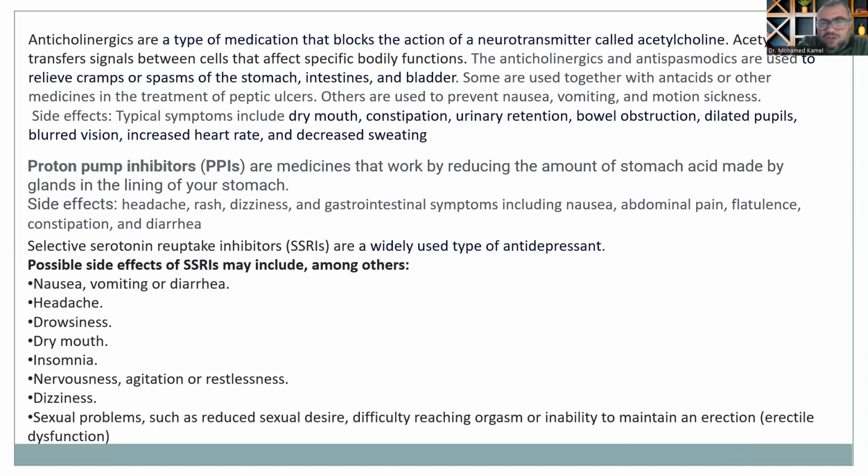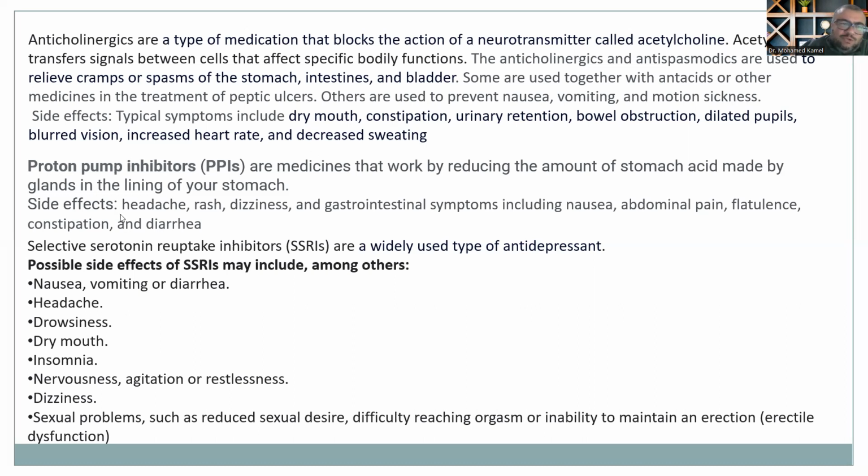The next medication on the list, which was a wrong answer, was proton pump inhibitors, or PPIs, medicines that work by reducing the amount of stomach acid made by glands in the lining of the stomach. When somebody has too much acid, this can lead to peptic ulcer or other complications within the stomach, so they get a prescription from the physician for proton pump inhibitors. What are the side effects?